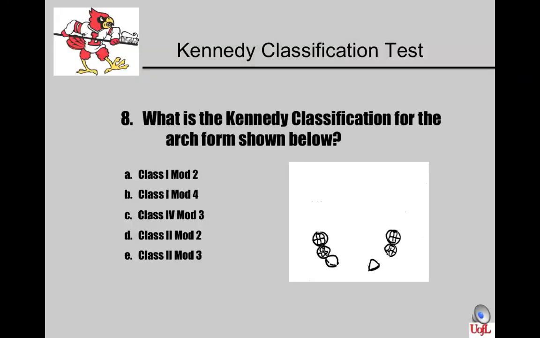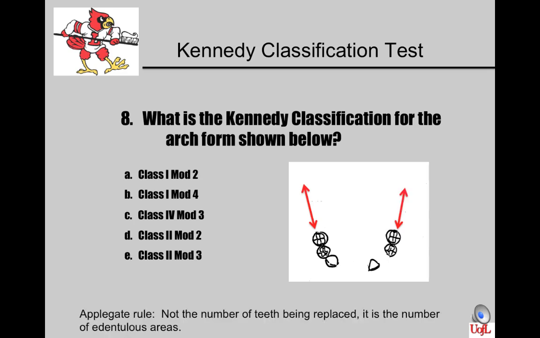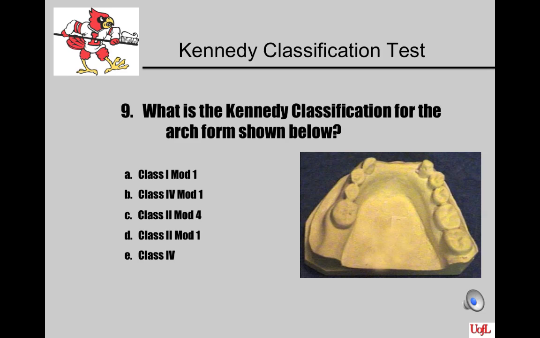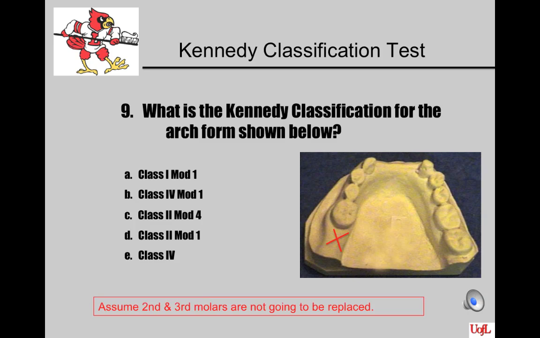What is the classification of this arch? Remember, by Applegate's rule, it's not the number of teeth being replaced, it's the number of additional edentulous areas that determine our modification number. Kennedy Class 1, Mod 2. What is the classification? Assume that second and third molars are not going to be replaced.